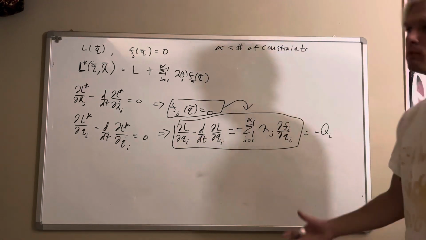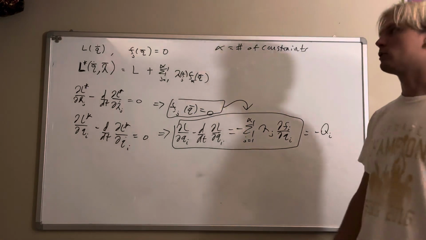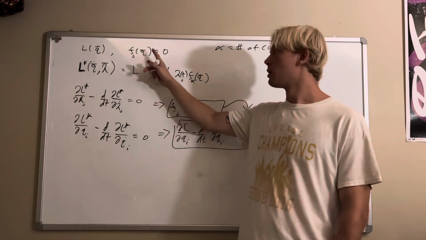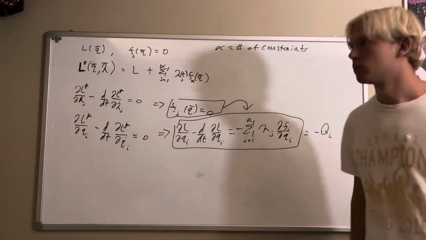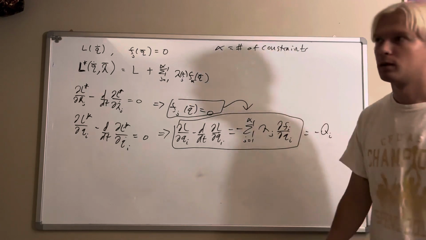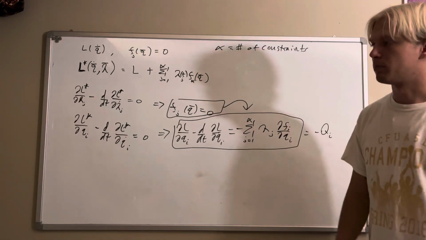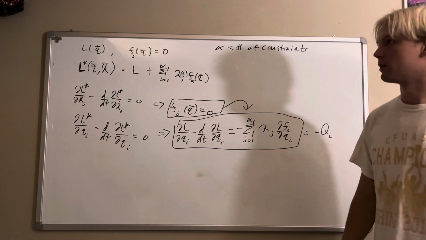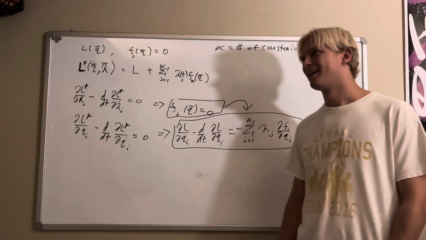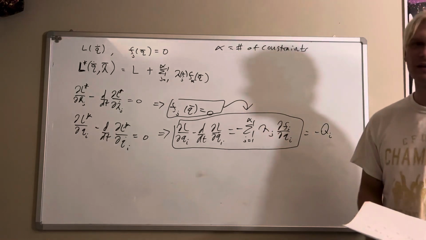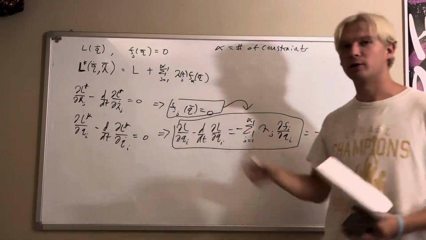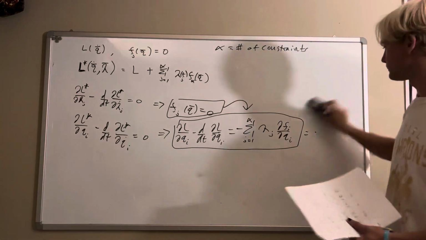Like, what does it mean? I could have just written this constraint as a parametric curve of a circle or a straight line without doing any of this. But this is just cool how you can use it.